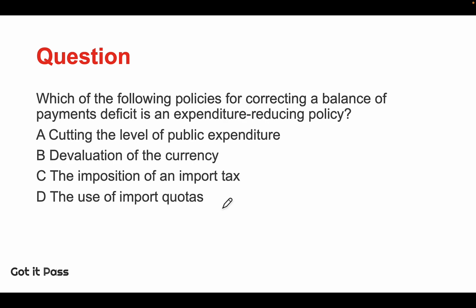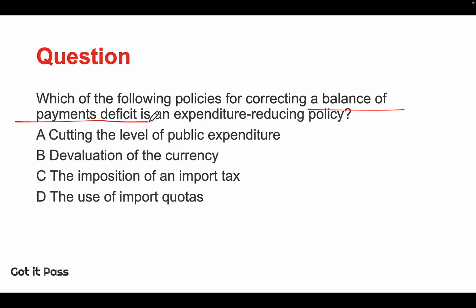And last question for this class is about balance of payment deficit. We discussed that the balance of payment deficit can be solved by 2 strategies. One is expenditure reducing policy or strategies. The other is expenditure switching strategies. So here are 4 answers, and only one of them is an expenditure reducing strategy.